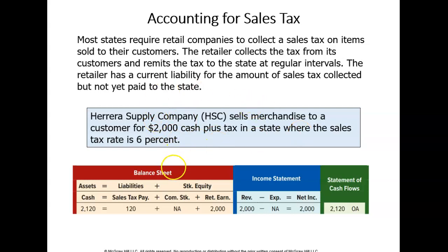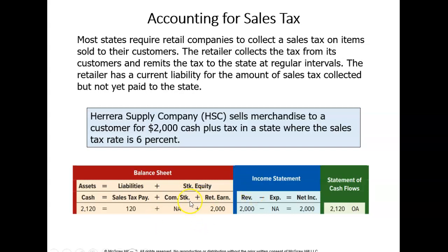So the total cash collected was $2,120, but notice you have sales tax payable, which is a liability for the $120 because, again, the sales tax collected does not belong to the retailer. You are just a collecting agency on behalf of the state.